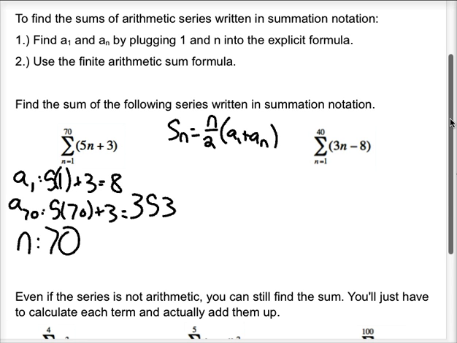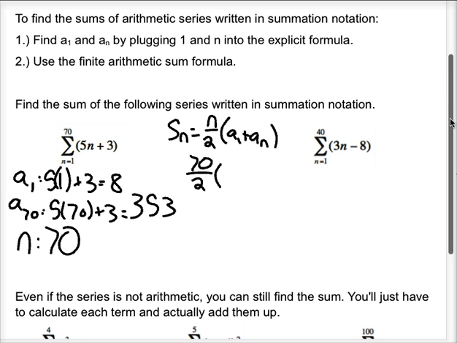So that's actually all that I need. Looking at these, it's really simple to calculate, because all you have to do is plug in n of 1, then plug in n of 70. There's 70 values there, so n is 70 itself. Boom, you have all the information that you need.